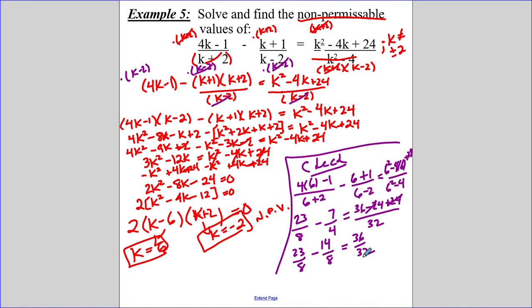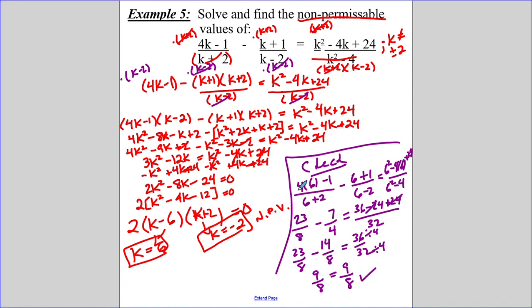So is this a true statement? 23 minus 14 gives me 9 over 8. 23 minus 14 is 9, common denominator is 8. And if I divide 36 and 32 each by 4, I also get 9 over 8.